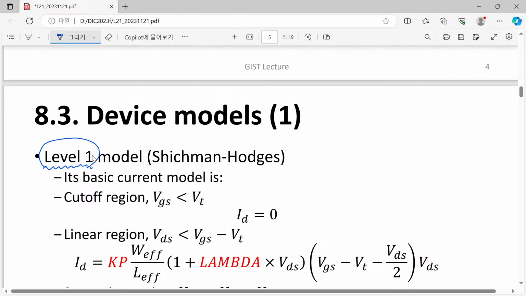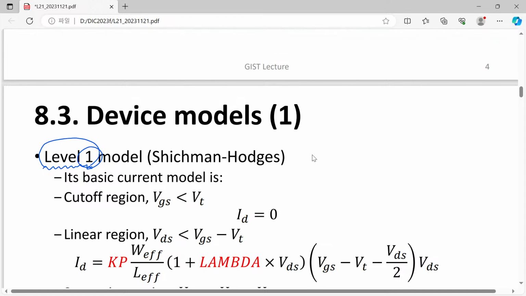This level 1 is the simplest one we can use in SPICE. Is it practically important? Actually not. It is shown here only for educational purposes. In reality, we do not use this level 1 model.